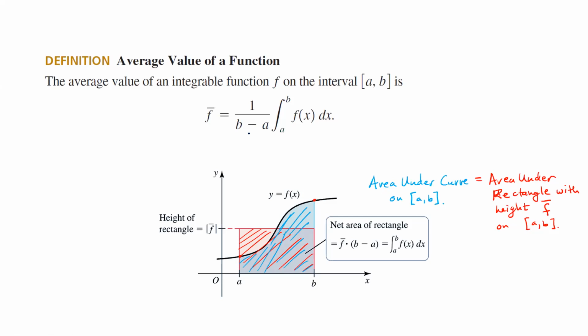That makes sense here because of the way that we've defined f bar, right? If I multiply b minus a times f bar, we get the integral from a to b. Okay. So you can imagine it's just like maybe I flatten out the curve, sort of fill in the area, just like take a bulldozer and flatten it out. That's what we get. The height of that flattened region would be our average value.